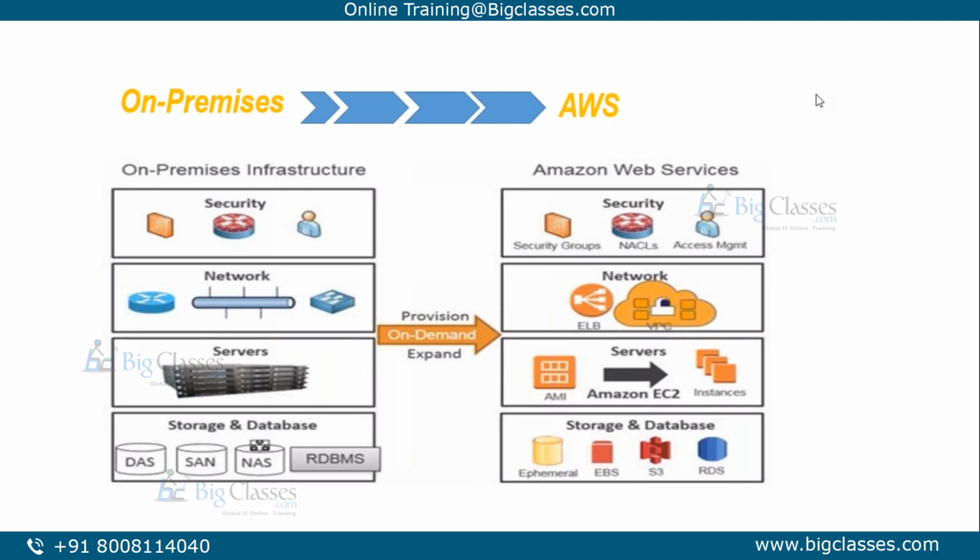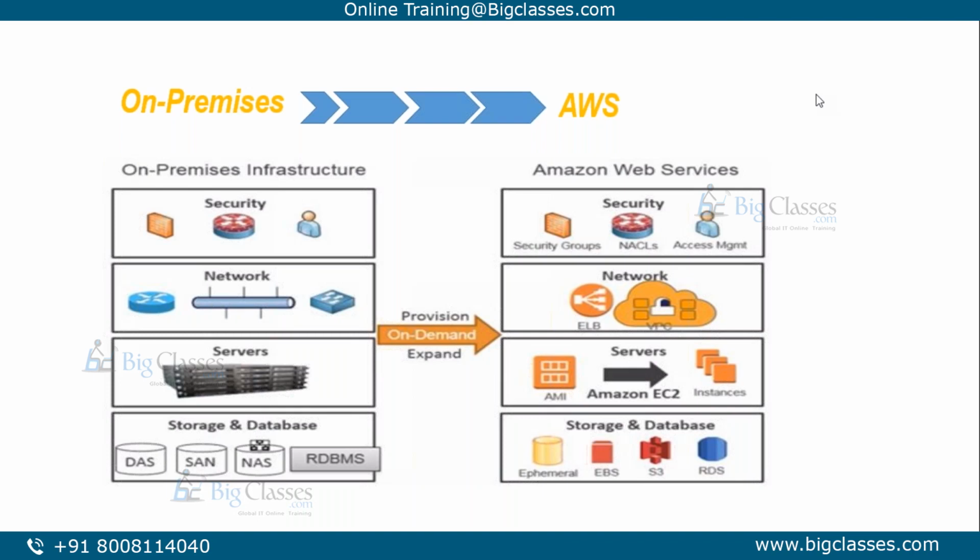At the AWS level, the mapping is to EBS, Elastic Block Storage, S3, Simple Storage Service, and RDS, Relational Database Service. We have a lot of RDS options, and we will discuss how to use S3, the Simple Storage Service.